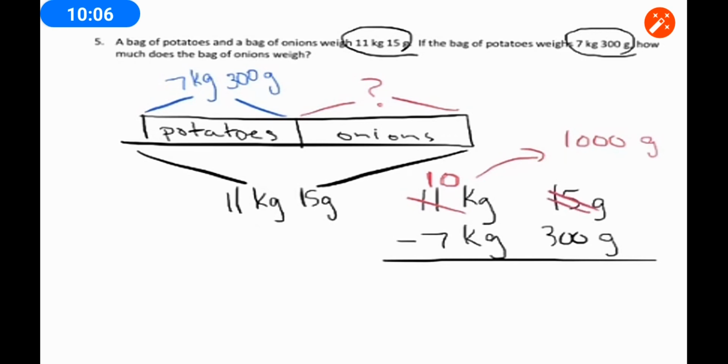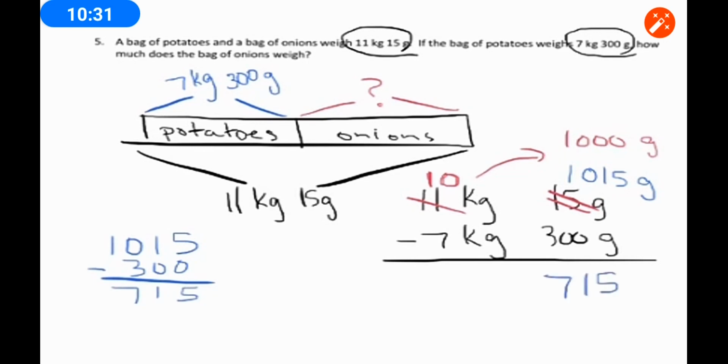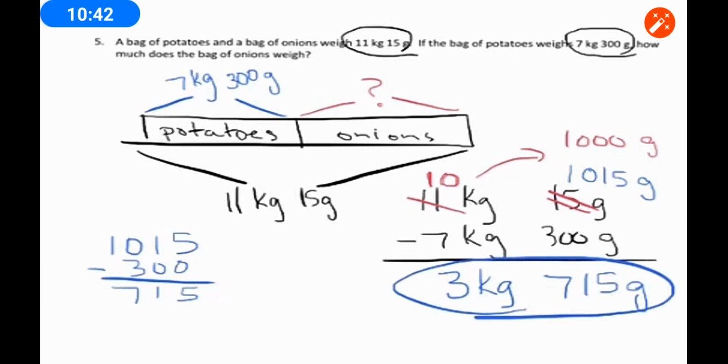So now you have 1,015 grams minus 300. 5 minus 0 is 5, 1 minus 0 is 1, and you have 7. Our answer is 715 grams. Then 10 minus 7 will give you what? 3 kilograms.